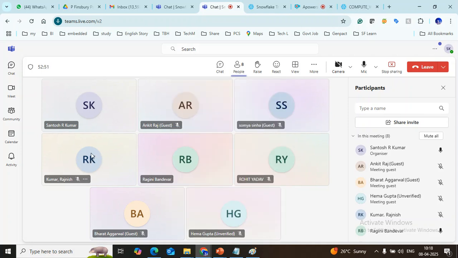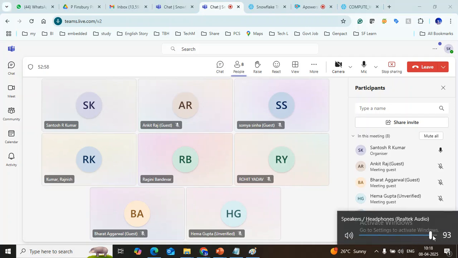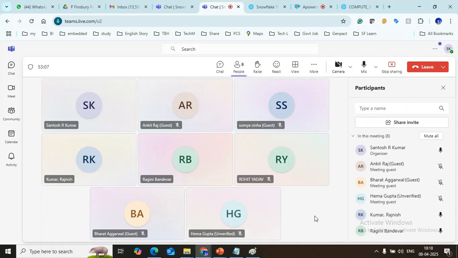Rajnish. Yeah, me too, I'm also getting. You are getting what I'm telling. Bharat, Soumya, Hema, please respond, guys. At least I can understand if you are aware, maybe previously. If you are not aware, let me know, and I will try to align you with these things.